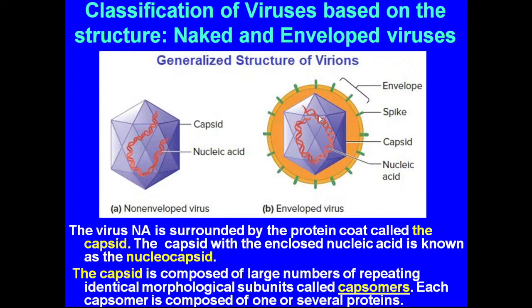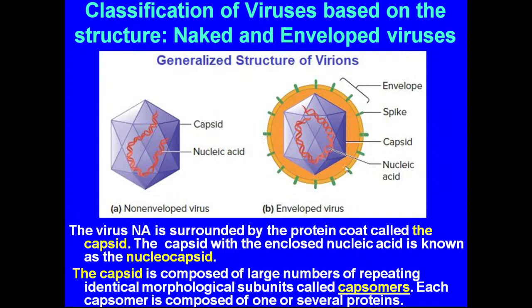inside. And the capsid may look quite similar to that of the naked viruses. But then the difference is that apart from the capsid, they may have one extra layer that is called envelope or supercapsid.